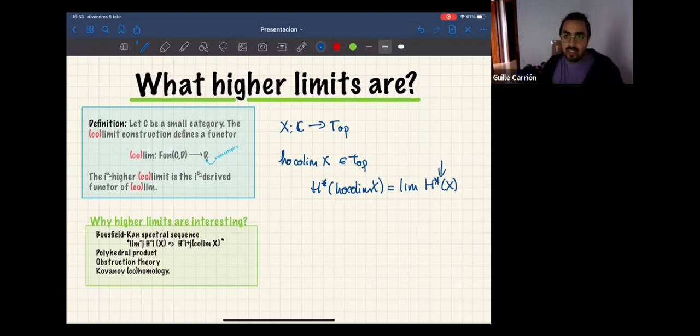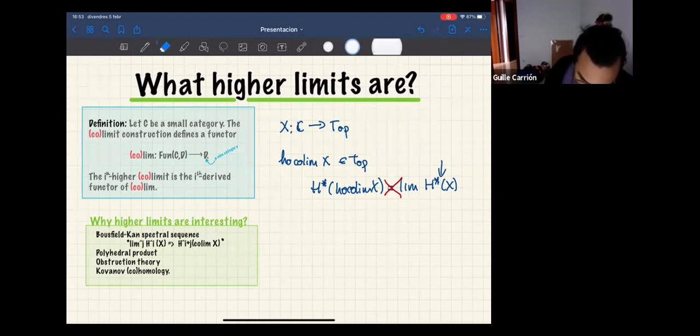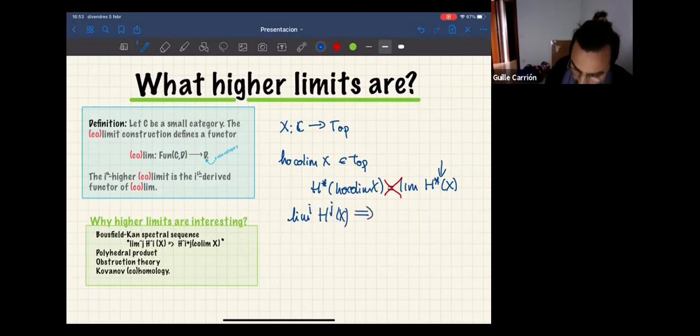The short answer is that this is not true, but if we expand this answer, the Bousfield-Kan spectral sequence appears. There is a spectral sequence using the higher limits of the cohomology groups that converges to the cohomology of the hocolim.